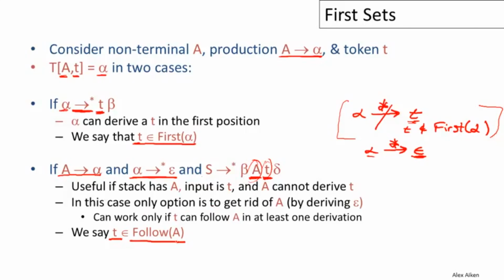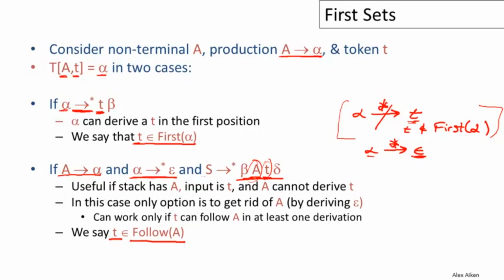Now, this is an important point and a place where people sometimes get confused, and so I want to emphasize this. Notice that we're not talking about A deriving T. A does not produce T. T appears in a derivation after A. So the A and the T here, it doesn't have anything to do with what A produces. This has to do with where A can appear in derivations.